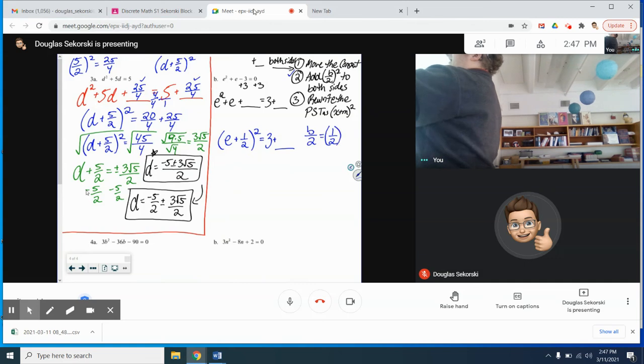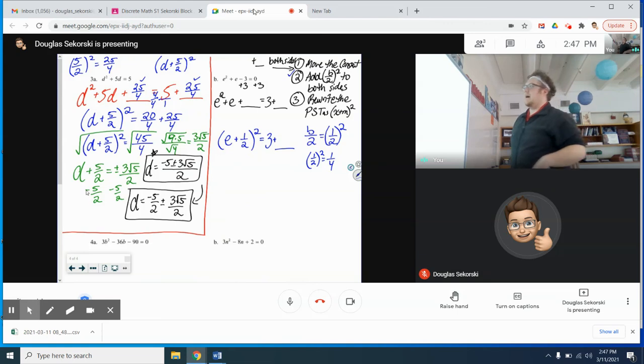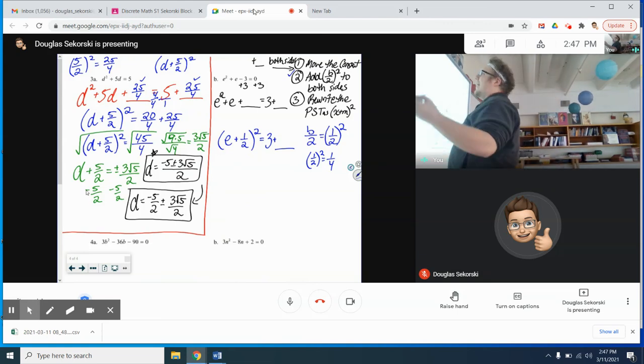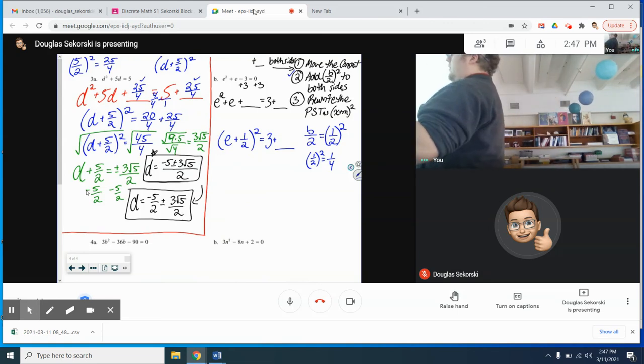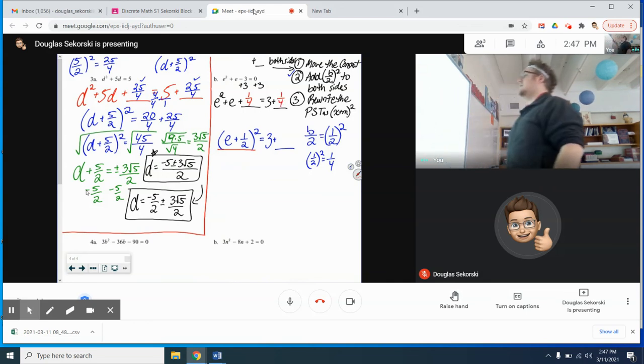So that's now 1/2 squared equals 1/4. So that's 1 times 1, 2 times 2 on the bottom. So we're going to add that 1/4 in here because we need to make sure that our equation looks like this looks when it's expanded. So I added 1/4 to both sides.